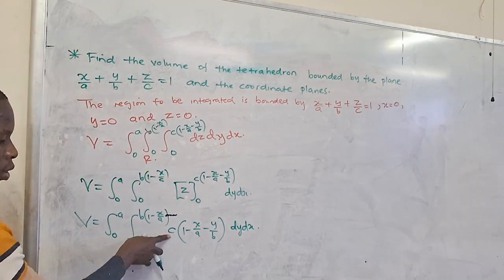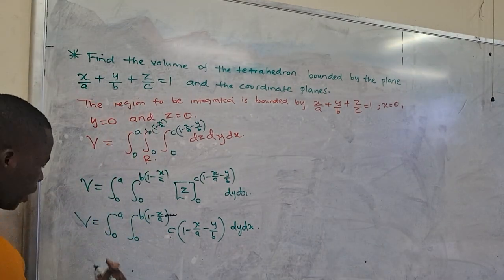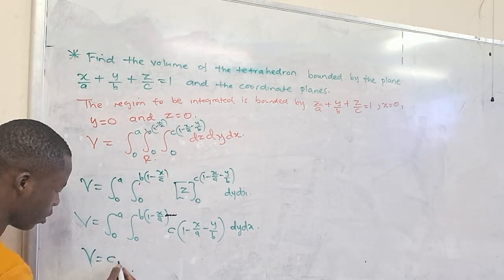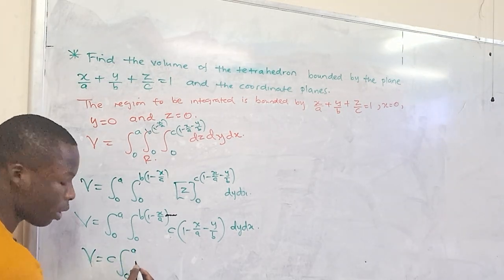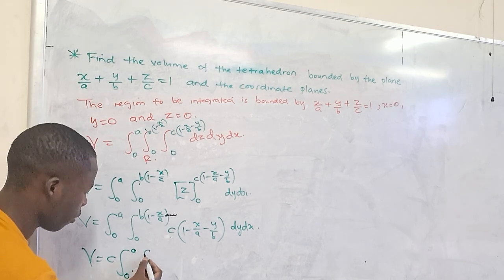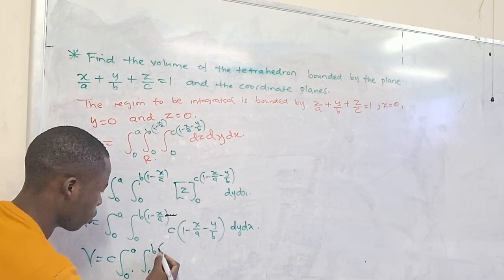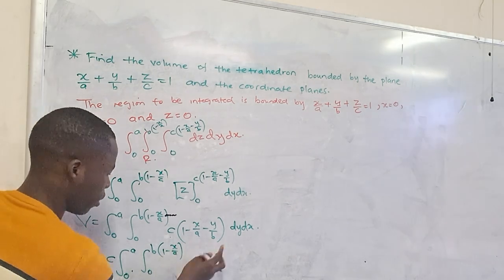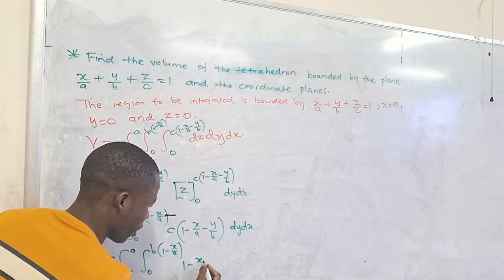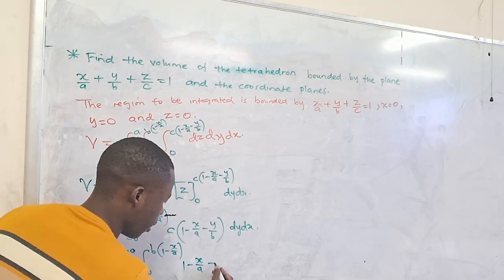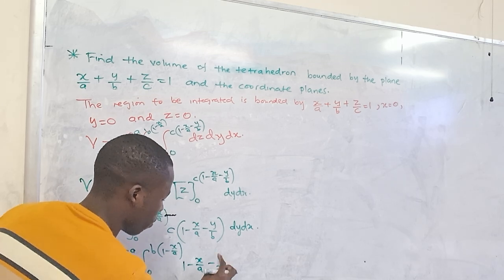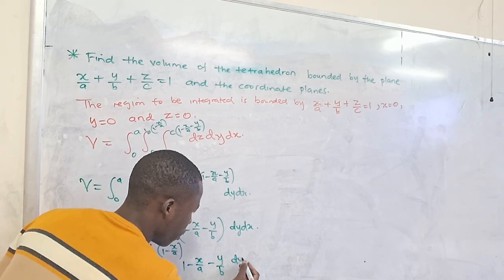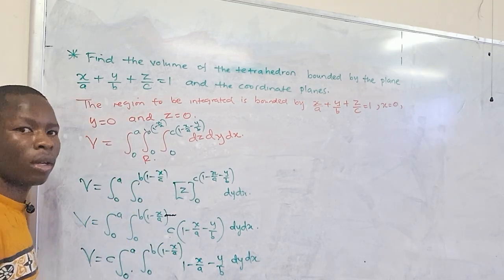Okay, c is a constant, so I'm going to write it outside. C integral from 0 up to a, from 0 up to b into 1 minus x by a, of 1 minus x by a minus y by b, dy dx.